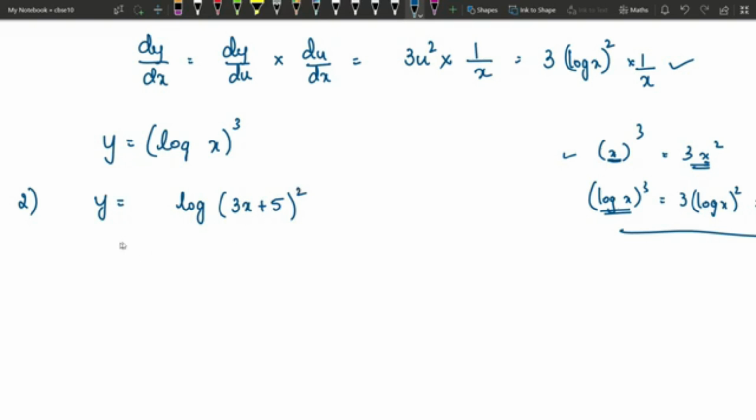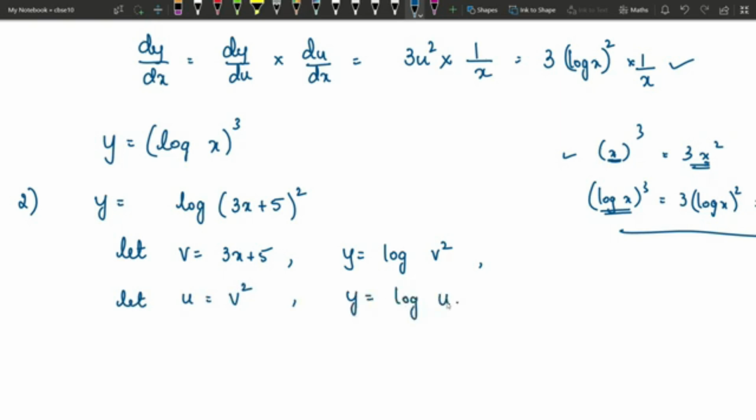Here basically you have to take, let v equals 3x plus 5. Okay, then y becomes log of v square. Okay, in place of 3x plus 5 I have written v, log of v square. Next, let u equals v square, then y becomes log of u.